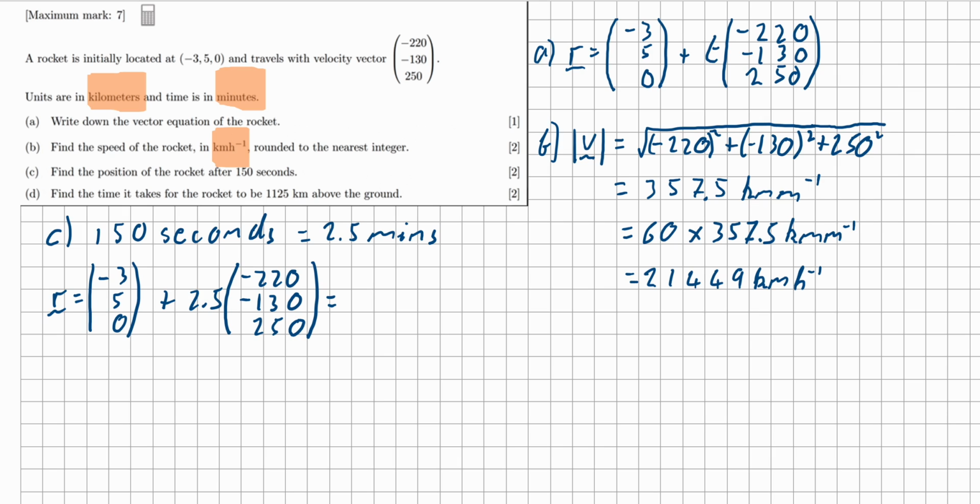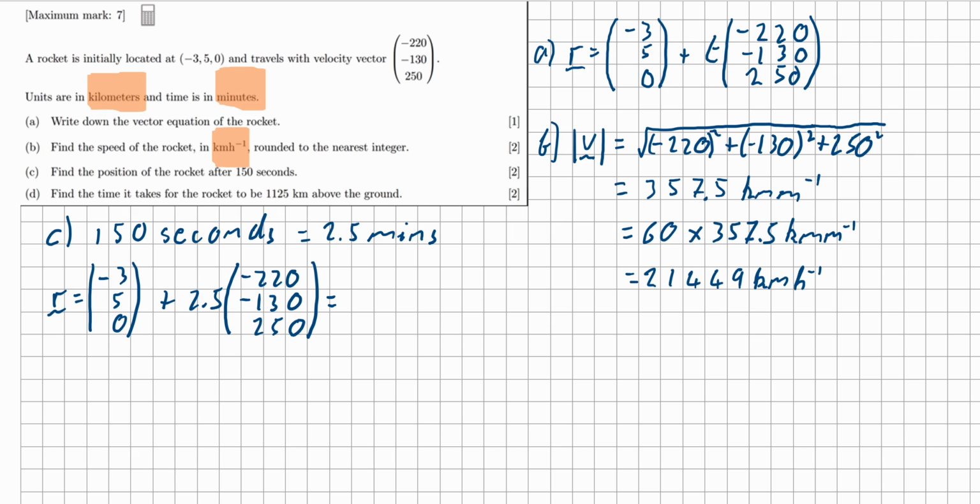When we work that out, what do we get? Well, the top one: we've got -350 minus 2.5 times 220.